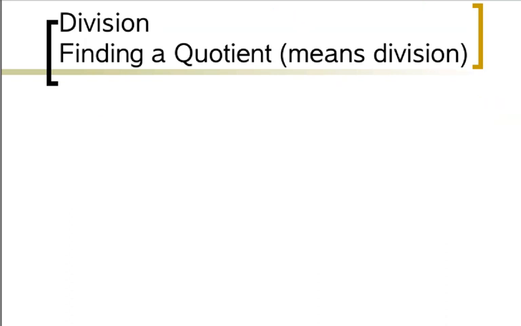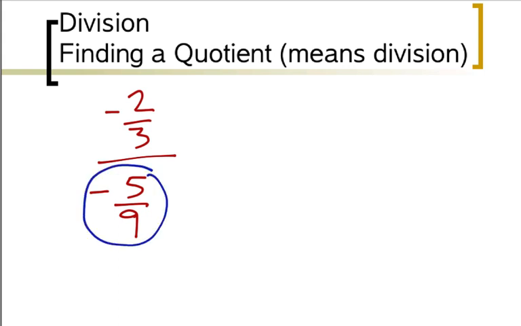Okay. Now let's take a look at a fraction problem, like negative 2/3 divided by negative 5/9. Now this is a fraction divided by a fraction, and whenever you're dividing by a fraction, you need to flip and multiply.